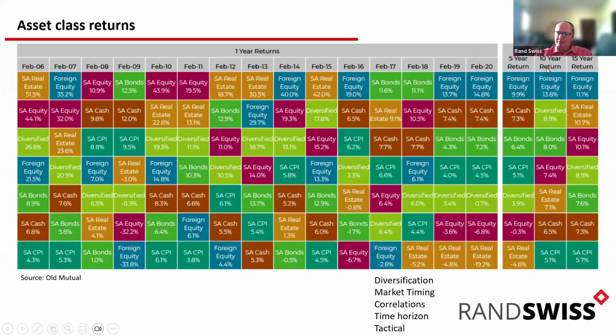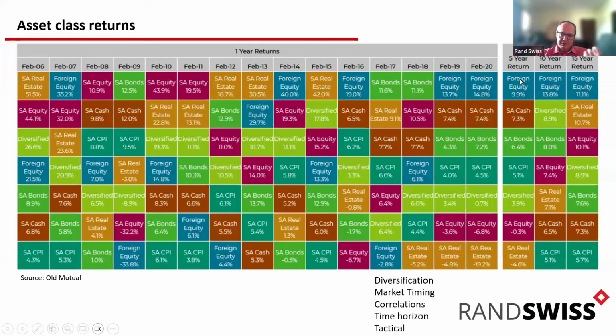Now in the right hand corner, hopefully you can see it at the top here, the 5-year return. And this is now from Feb 2020 backwards. We will see a more updated one now, but just to give you an idea, foreign equity came out tops over a 5, 10, and a 15-year period. And one of the main reasons, obviously, is the weakening rand.